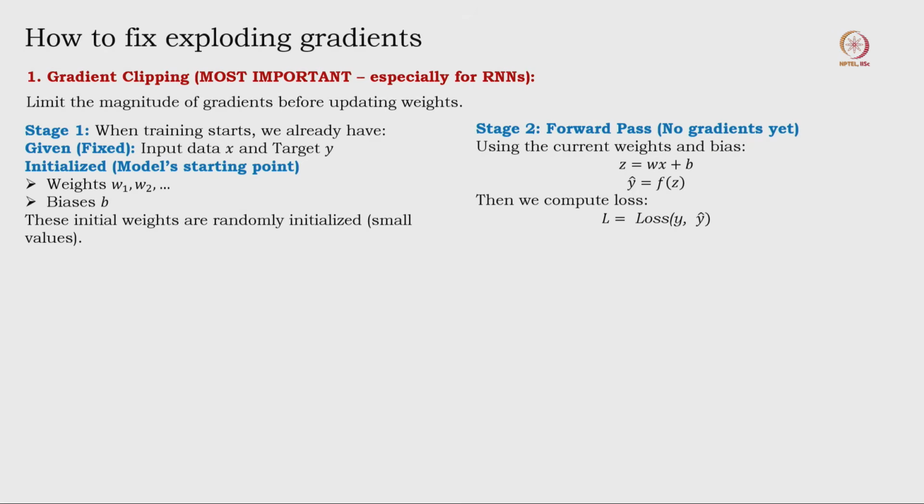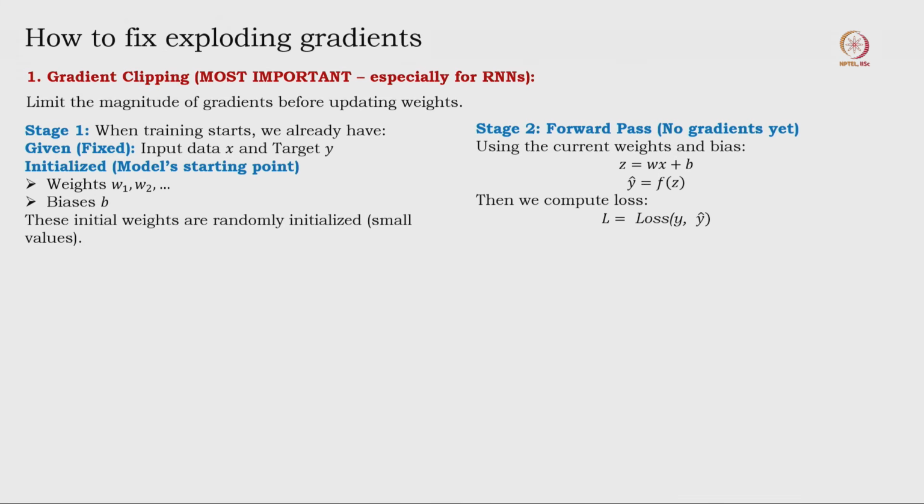Then you start the process with a forward pass. In the forward pass, we get a predicted value and we compute the loss. How will you get Z? Z is weight multiplied with input plus bias, and this Z you pass to some activation function and you get a predicted value. Once you get a predicted value, you compute the loss.